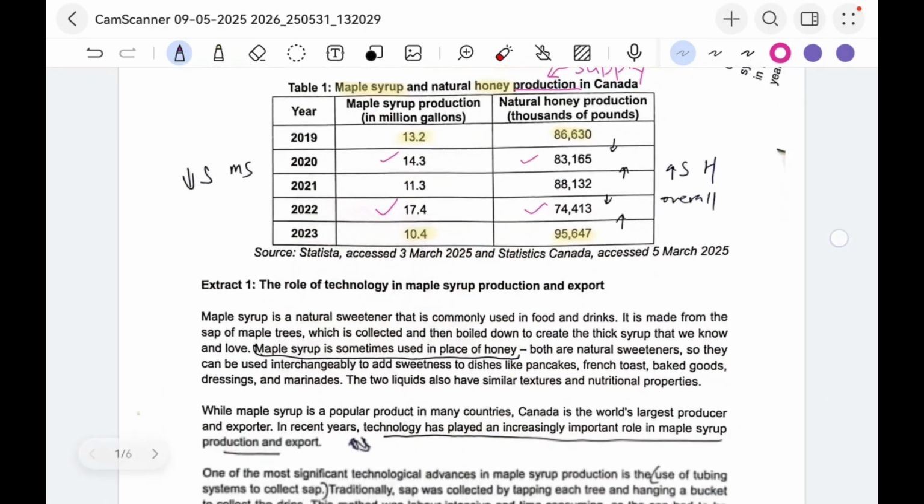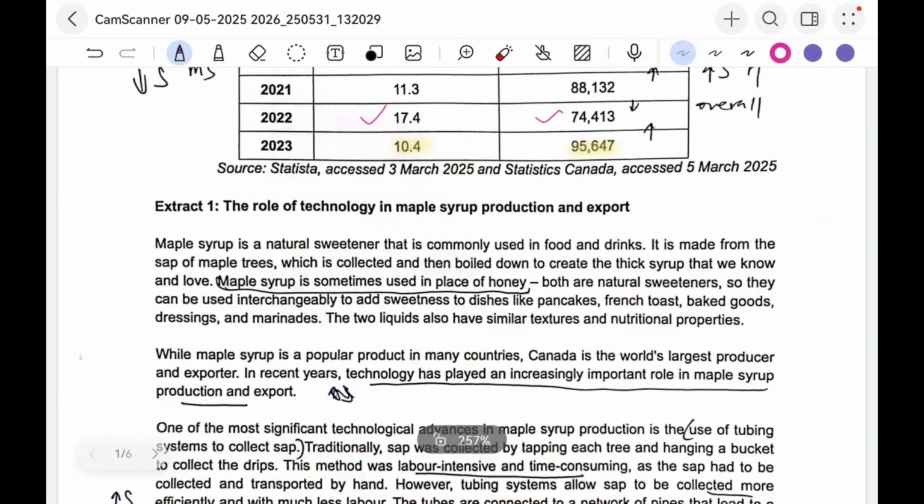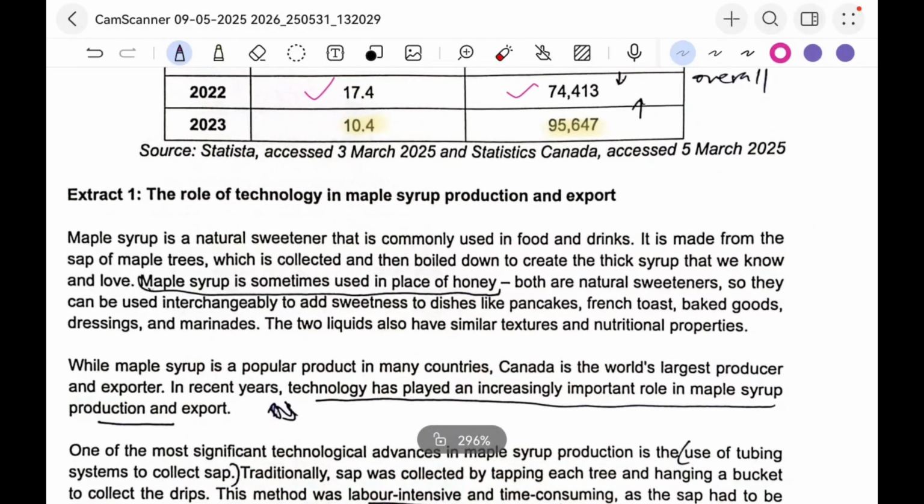So we move on to extract 1, reading the title. Okay, so they talk about the role of technology in maple syrup production and export. Okay, so when we look at certain phenomenon, we can at the same time identify if this is a demand or supply factor.